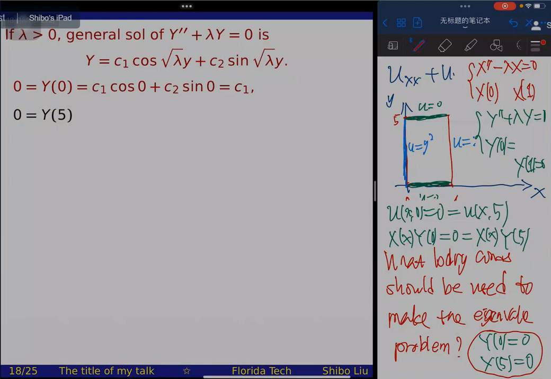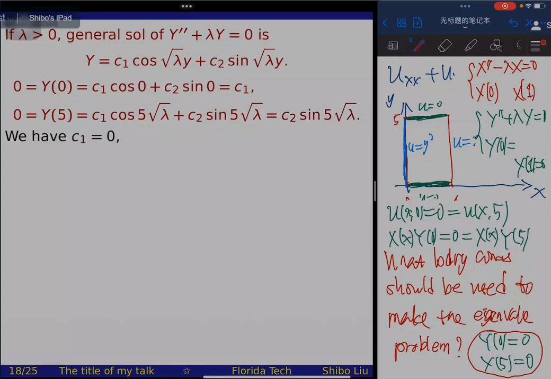Now Y(phi) is also 0, but Y(phi) is a linear combination of cosine of phi square root of lambda and sine. But we already know that C1 is 0, therefore we only have C2 sine phi square root of lambda. So we don't want C2 to be 0. Since C1 is already 0, if C2 is also 0, then the capital Y is 0. Okay, so we don't want the 0 solution.